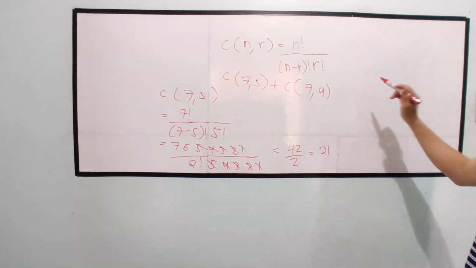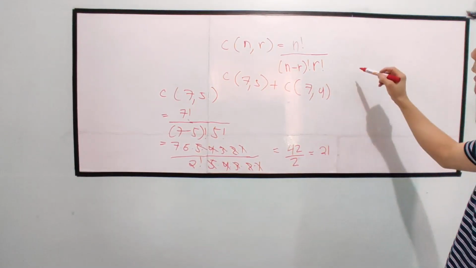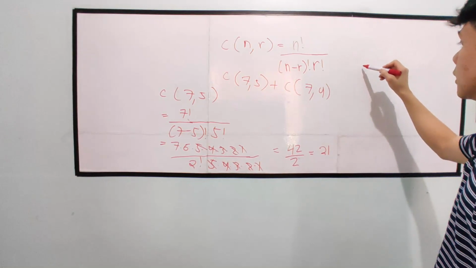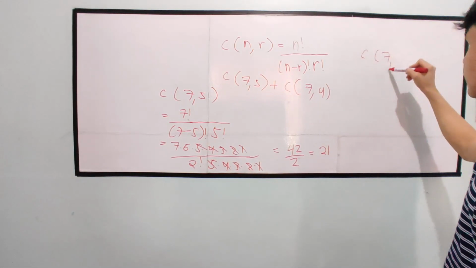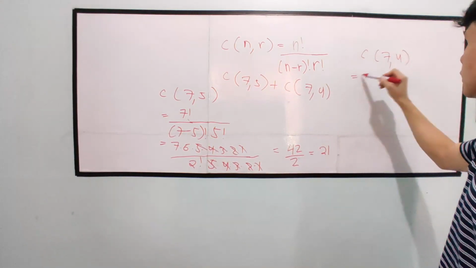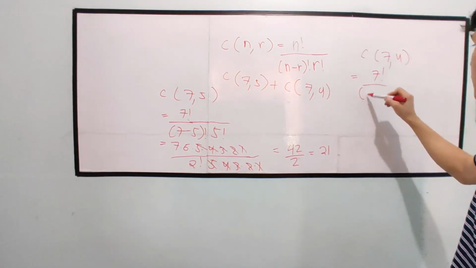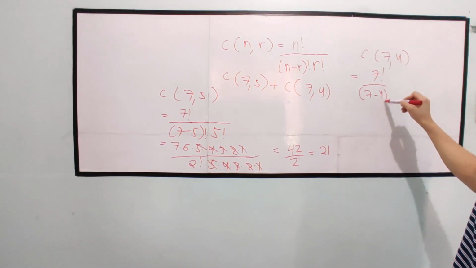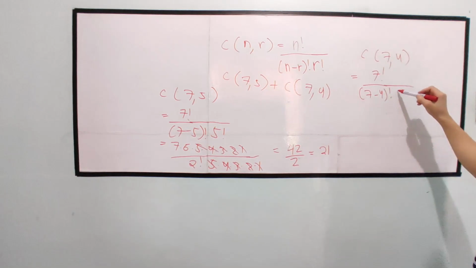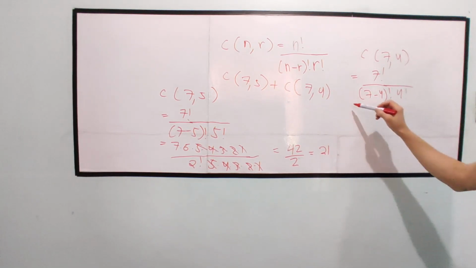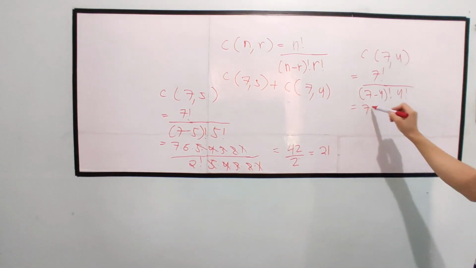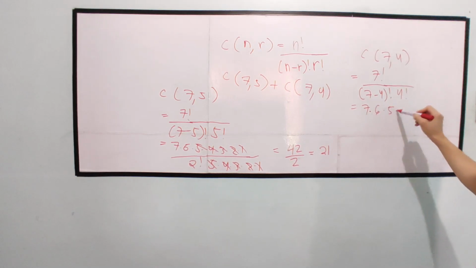Now, yung combination of 7 taken 4 naman is combination of 7 taken 4 that is equal to 7 factorial over 7 minus 4 factorial times 4 factorial. Then, expand lang natin tong 7 factorial. That's 7 times 6 times 5 times 4.